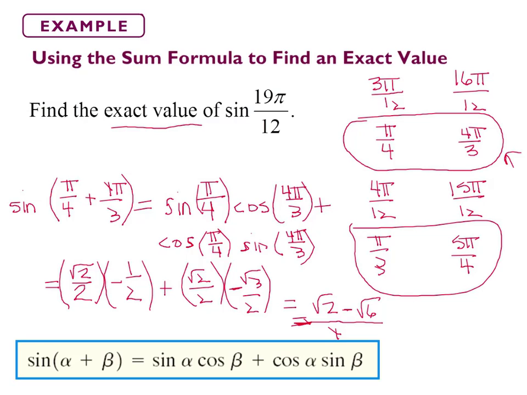If you know what quadrant you're in and you know the reference angle, then you don't have to memorize every point around the circle. All you have to do is memorize the first quadrant, because we're referenced to the first quadrant.